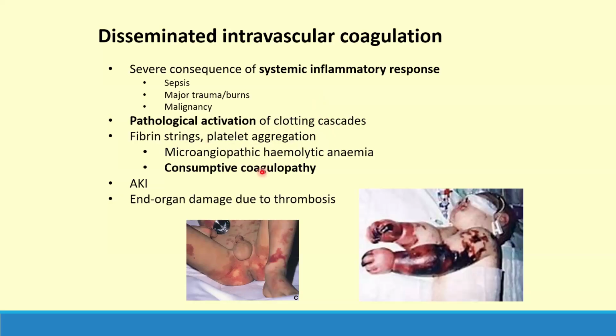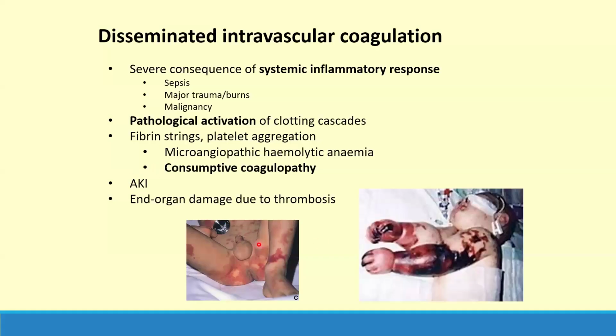And so you get this microangiopathic hemolytic anemia with consumption of the coagulation pathway. These slides are written by a hematologist, so she's gone into detail. But you can obviously end up with limb-threatening or tissue-threatening disease, and it's not good.